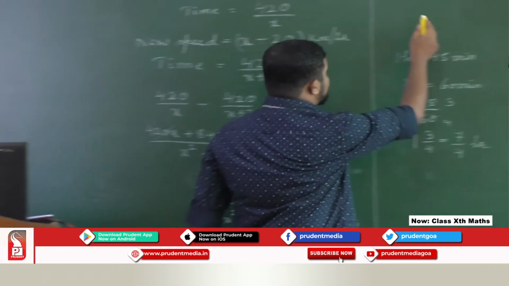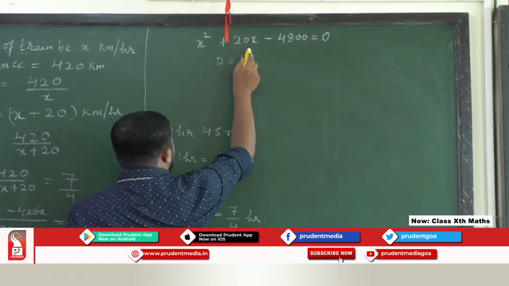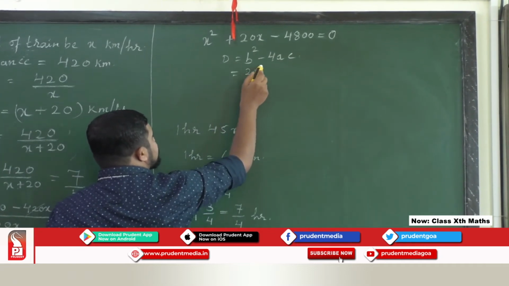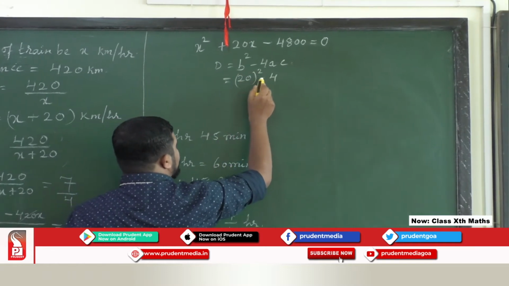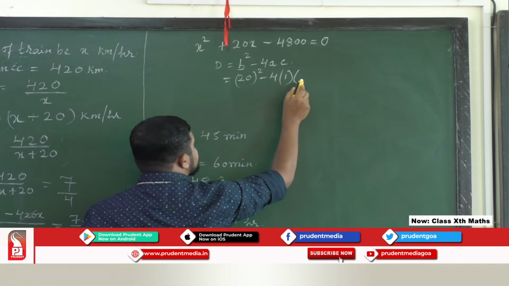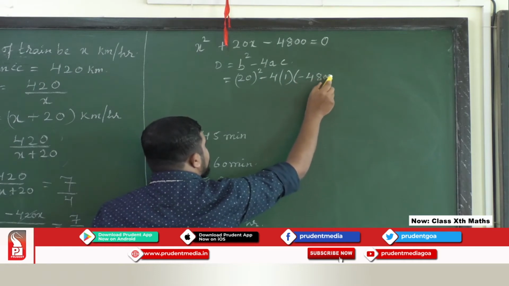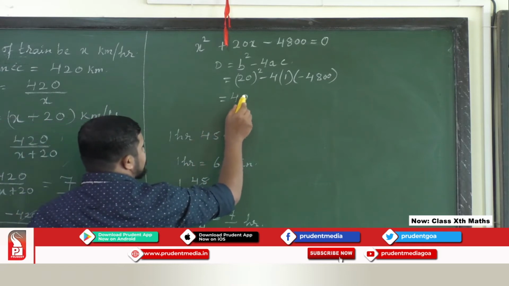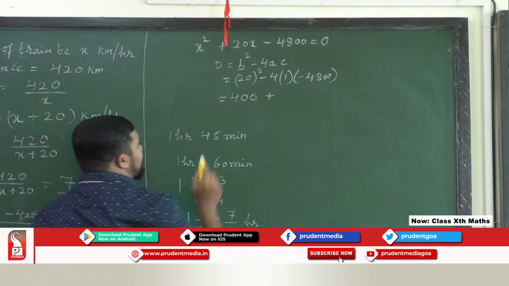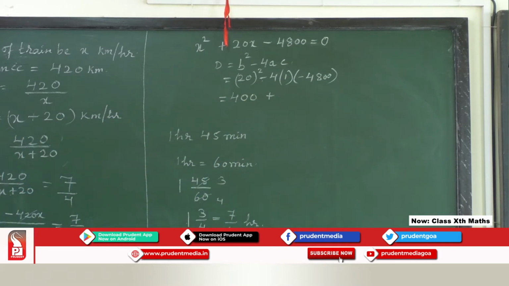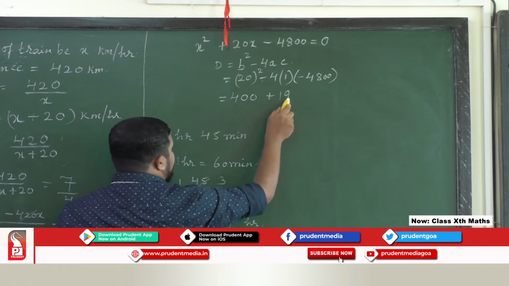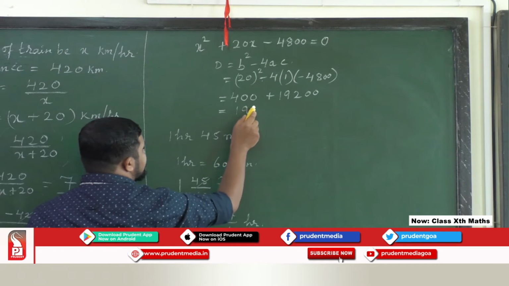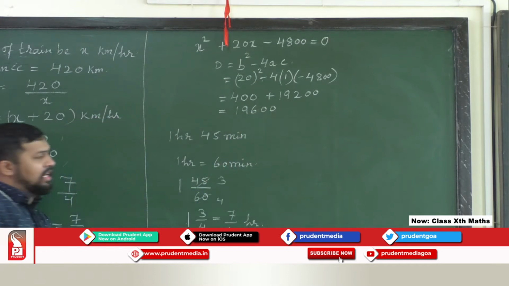So D is equal to b square minus 4ac, b is 20, a is 1, so 20 square, that is 400, minus into minus plus 48 multiplied by 4, so that will give you 192 and 2 zeros, add this and now it will become 19600. So you got your D.